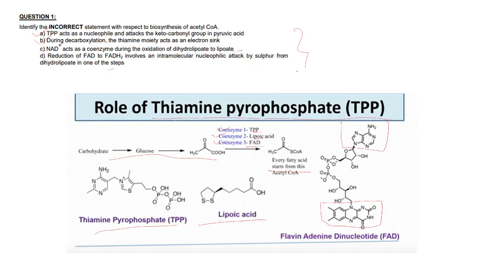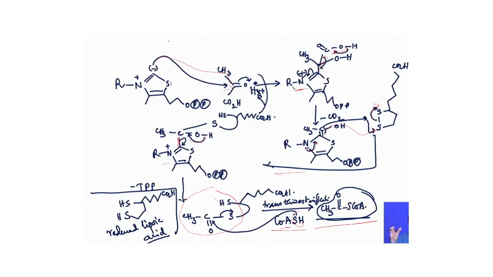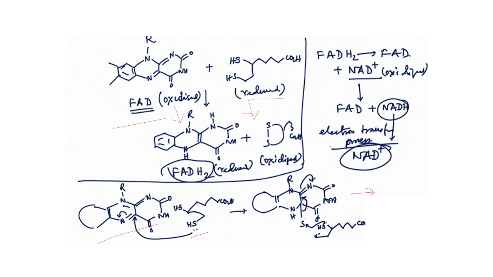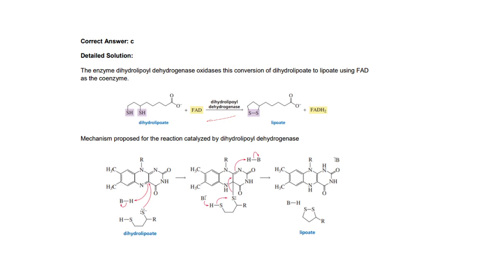C is the incorrect option. NAD plus does not act as a coenzyme during the oxidation of dihydrolipoid to lipoid. So option C is correct here. Okay.